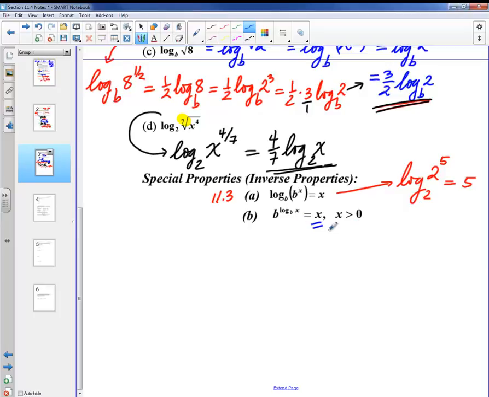So they kind of cancel each other out. This one is not as common, but it's kind of doing the same thing. You could have something like 3 raised to log base 3 of something else, like maybe a 5. So see, the bases are the same. The base 3 and the log cancel each other out, and it will give you a 5.